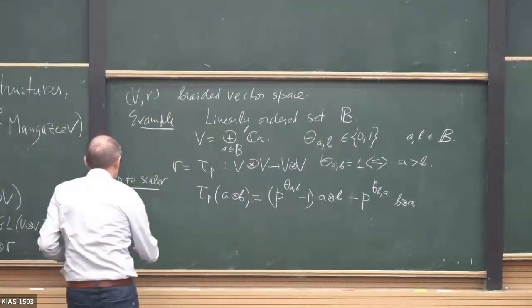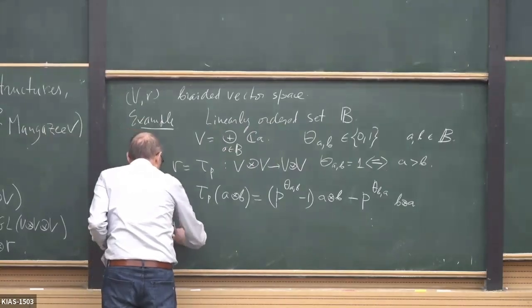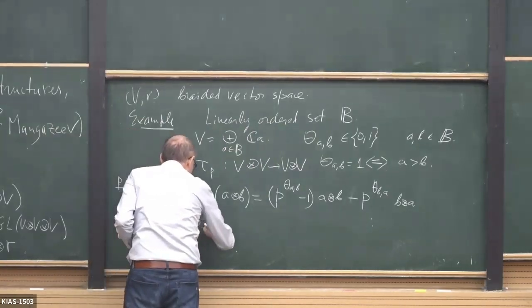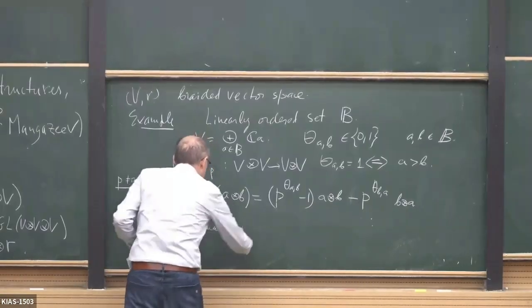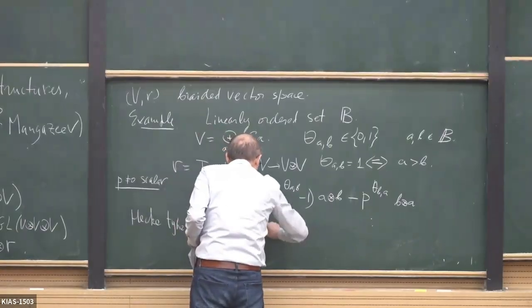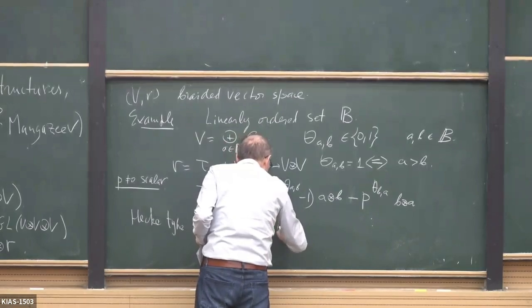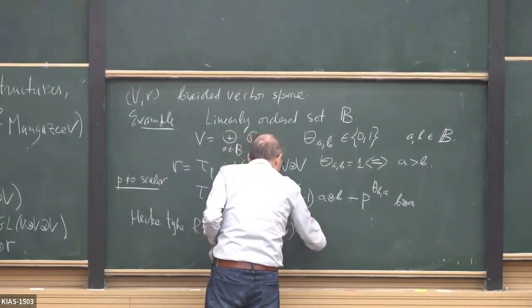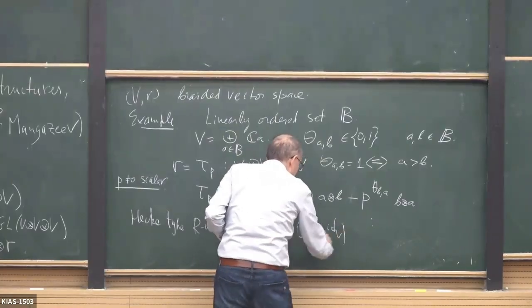Actually, this is a Hecke type R-matrix, which means that it satisfies a quadratic equation: R plus identity on V times R minus P identity on V is 0.